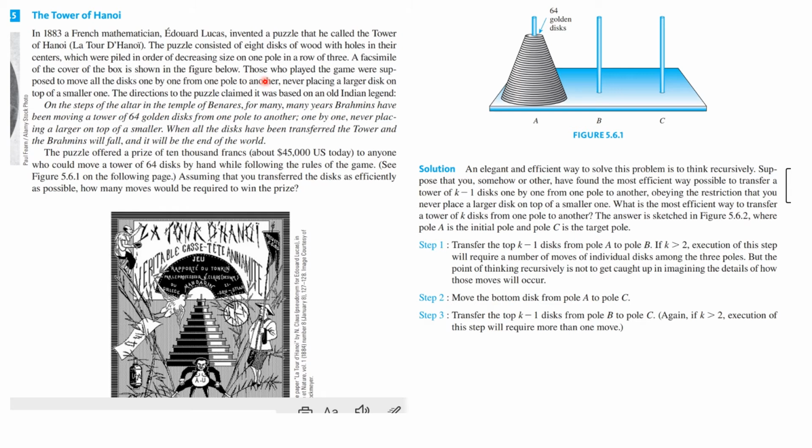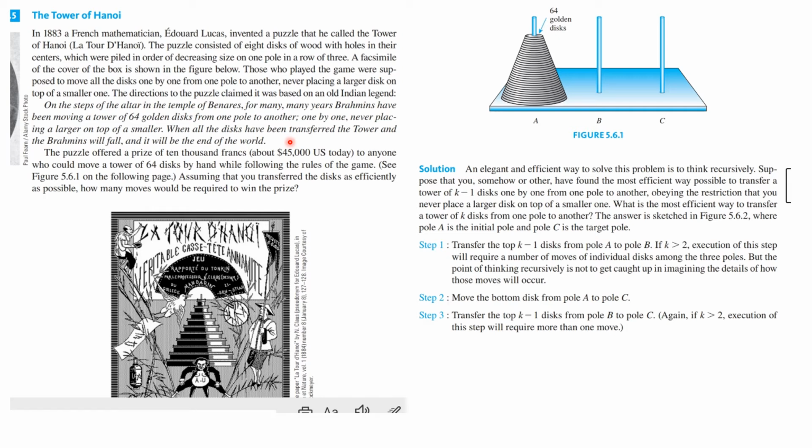Those who played the game were supposed to move all the discs one by one from one pole to another, but they were not allowed to place a larger disc on top of a smaller one. And directions in the puzzle claimed it was based on an old Indian legend. On the steps of the altar in the temple of Benares, for many, many years, Brahmins have been moving a tower of 64 golden discs from one pole to another, one by one, never placing a larger one on top of a smaller.